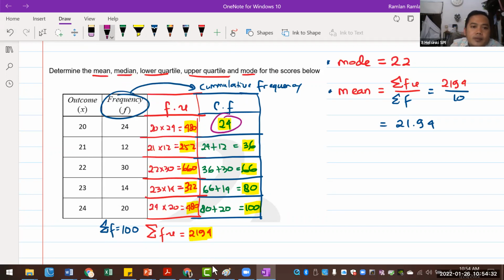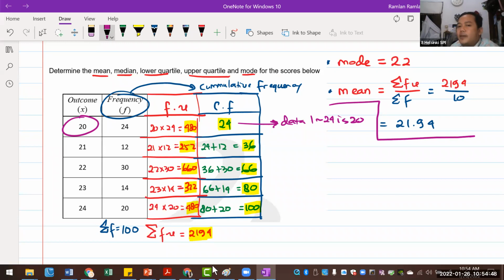Okay. So how to read this is that data number 1 until data number 24 is 20.